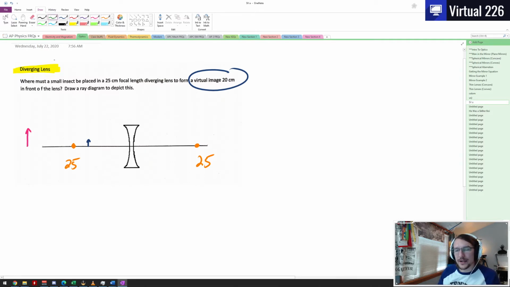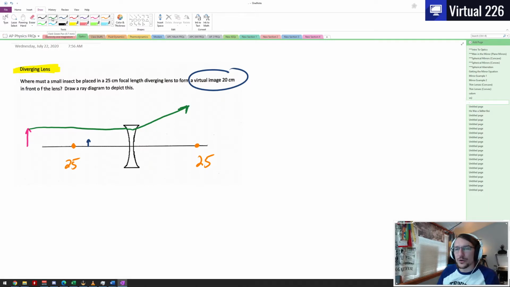When we draw our ray diagrams to depict this, the light's going to come in a straight line. And technically, whenever it hits this lens, it bends twice, once coming into the lens itself and then leaving the lens. But if we just think about it as an ideal lens, it's going to bend away. This is the direction the light's going.